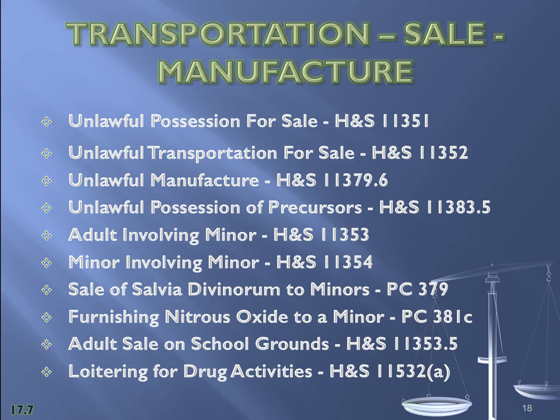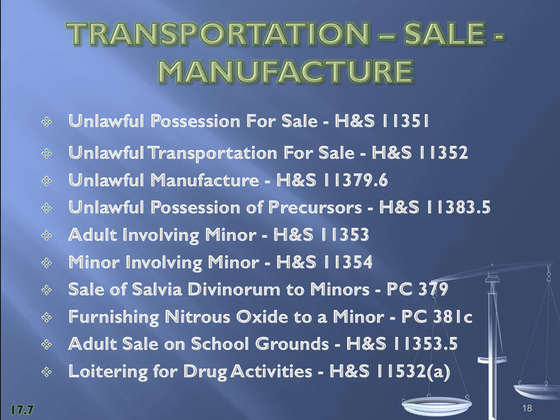So here are the elements for possession for sale. In order to prove the commission of the offense of possession for sale of a controlled substance, each of the following must be proved. Number one, the person must unlawfully exercise control or have the right to exercise control over a certain controlled substance. Number two, that such person had knowledge of its presence.